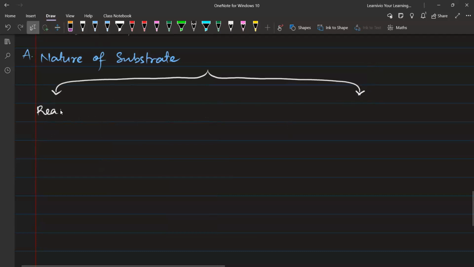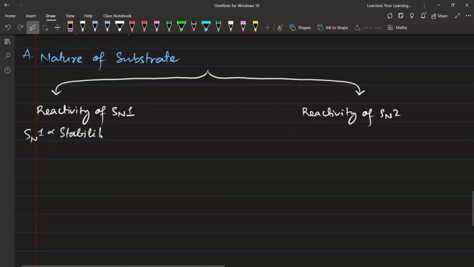Reactivity of SN1 and reactivity of SN2. We know that SN1 depends on the stability of कार्बोकेटाइन, represented as C positive.